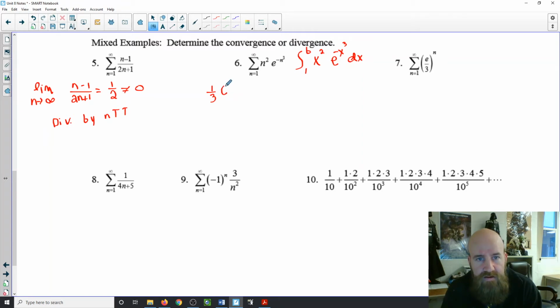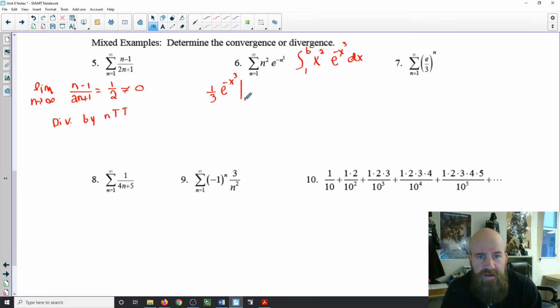So this is 1/3 e to the negative u. If we were to take the derivative of this, we know the power would come down, and we get that.